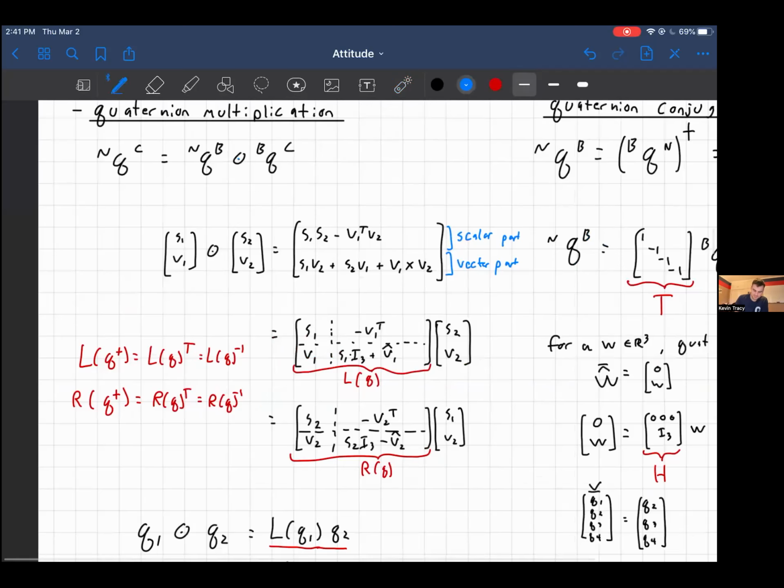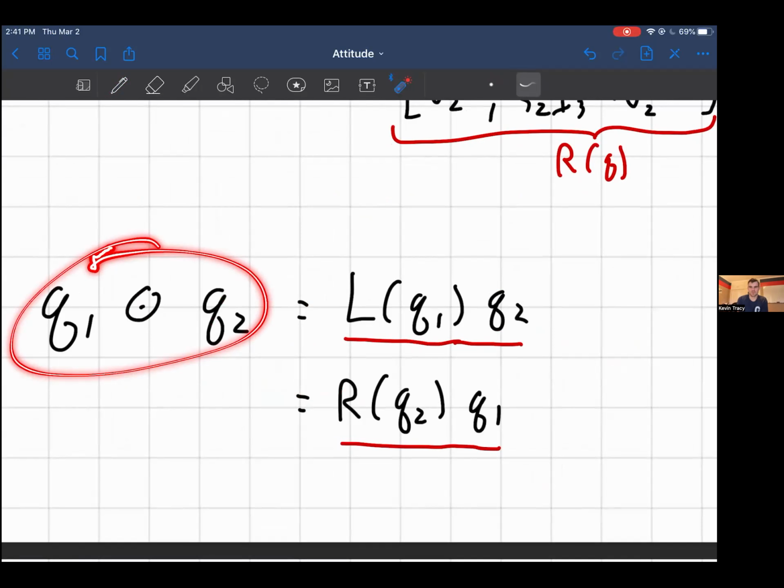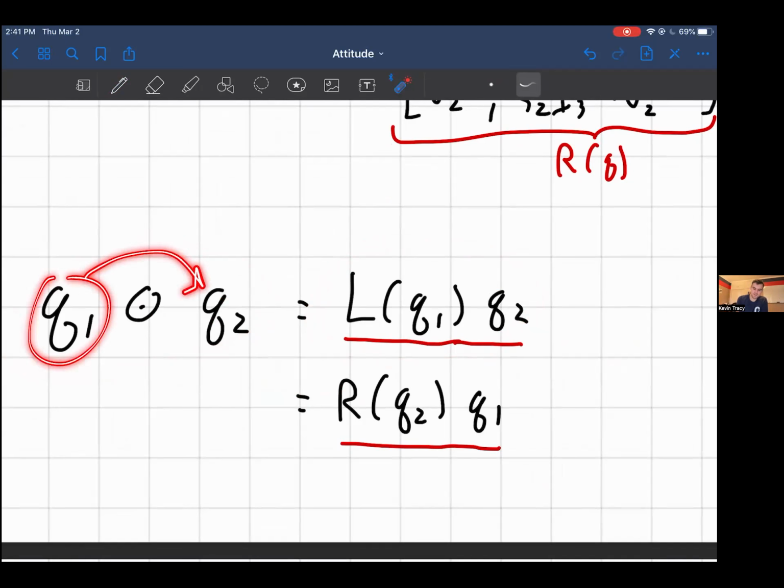What this lets us do is write down the quaternion multiplication in quaternion math, which is fine, but looks kind of weird amongst other normal math. Or I can use these matrix functions that I've just described. I can do L of Q1, Q2, and this is what I like using for all the derivations. Or if for whatever reason I want to separate out this Q1 and put it on the right, I can do R of Q2, Q1.